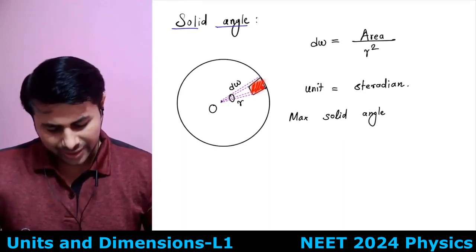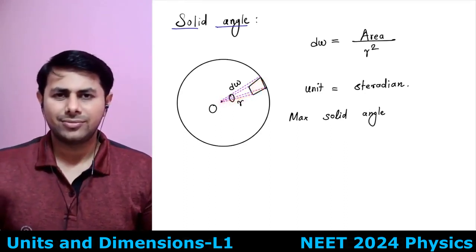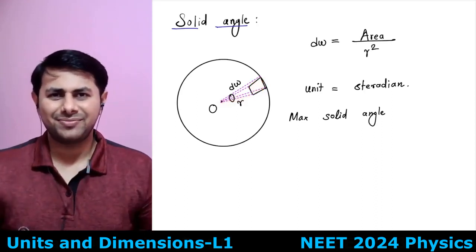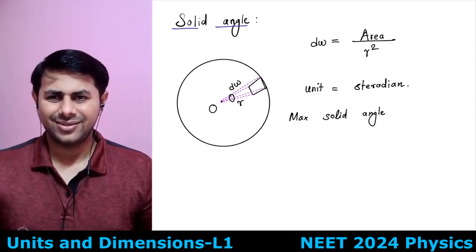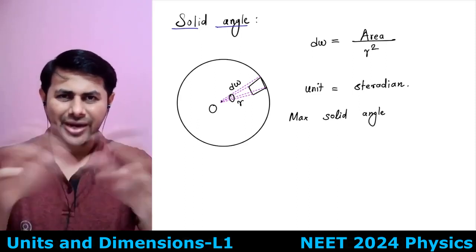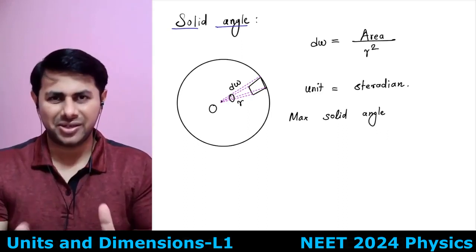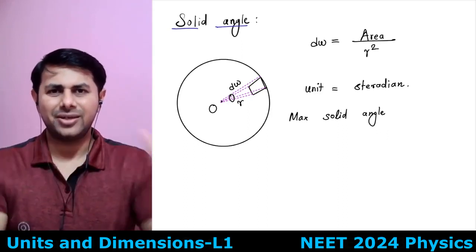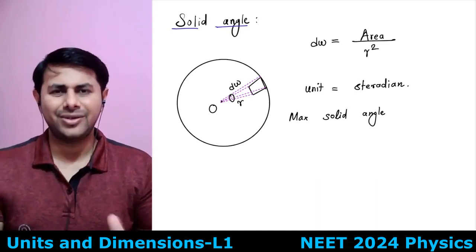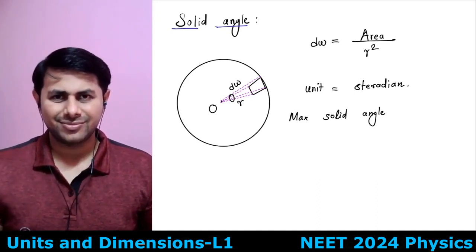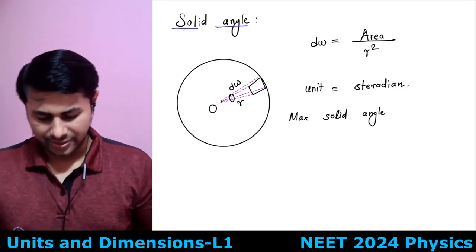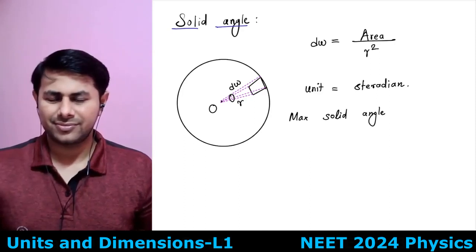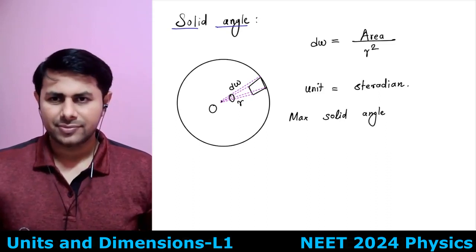It is this area divided by r square. So how much is the maximum possible area? It is the total surface area of the sphere, right? So the maximum solid angle subtended by the sphere at the center would be the surface area of the sphere itself divided by r square. You can't get more area than the area of the sphere itself. Yes, no? Yes, sir.